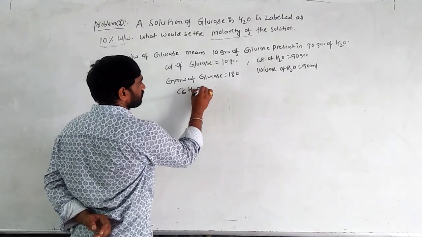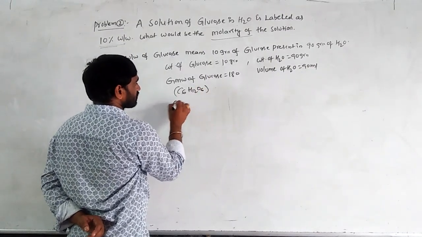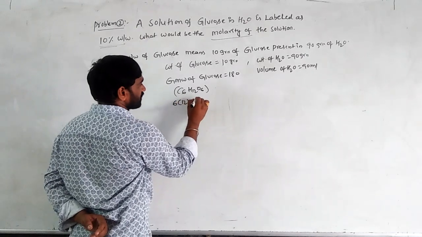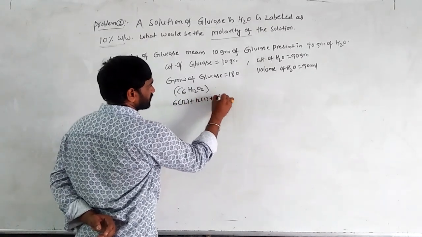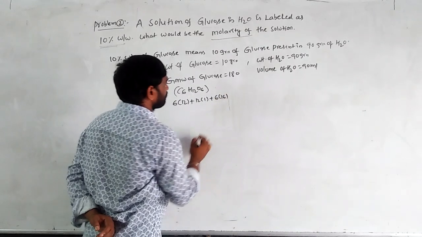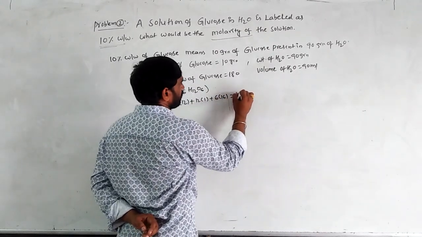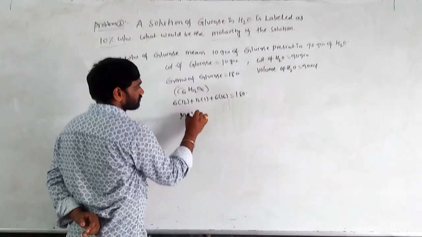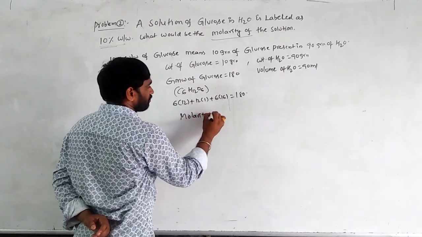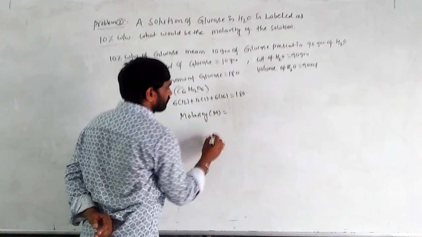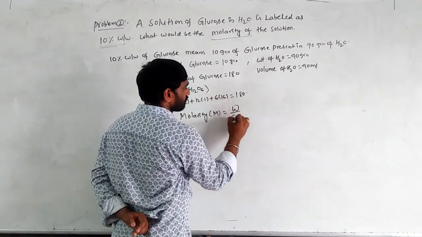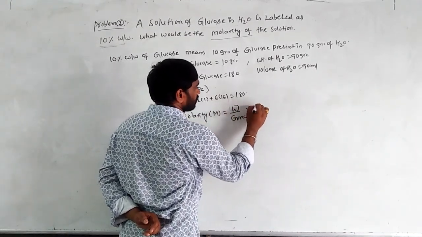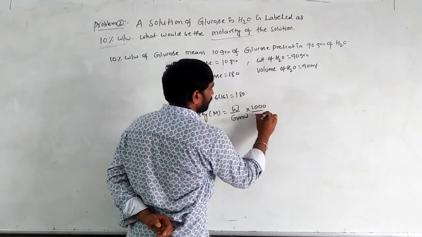C6H12O6: 6 into carbon 12 plus 12 into hydrogen 1 plus 6 into oxygen 16 equals 180. Therefore, molarity M equals weight by gram molecular weight into 1000 by V in ml.